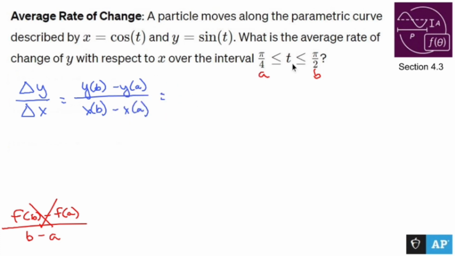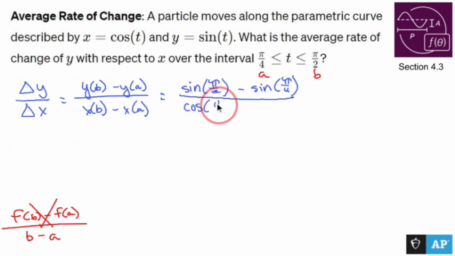Now we just plug stuff in. y of b is sine of pi over 2, minus y of a, which is sine of pi over 4, over x of b, which is cosine of pi over 2, minus cosine of pi over 4.